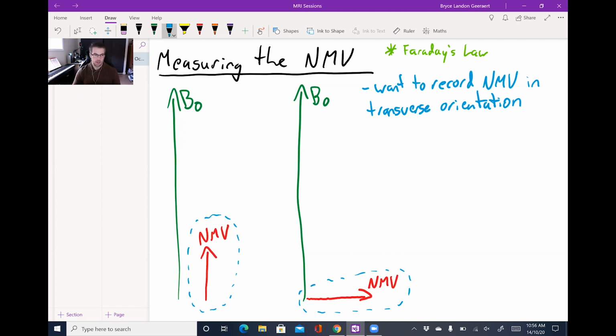You might need to raise your voice to even be heard by the other person, or if they're just talking at a regular speaking volume, it's going to be really hard to hear them over the background noise of the loud concert or the background hum of other conversations. And that's kind of what's happening when we're measuring the NMV with the B0 field in the background. There's a lot of background noise that's just going to be overpowering the NMV's influence on our signal.